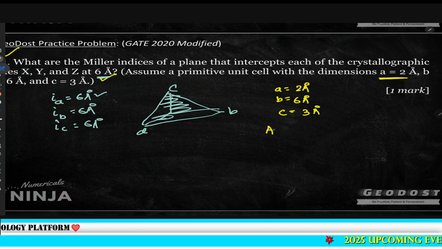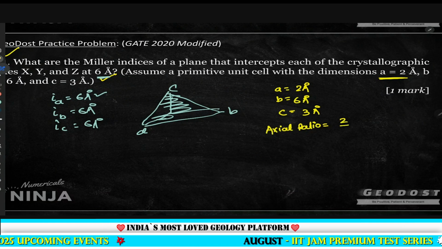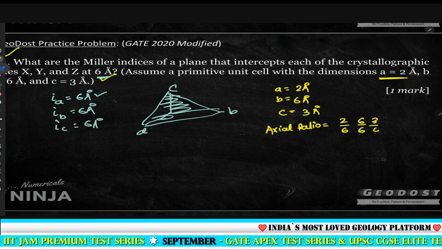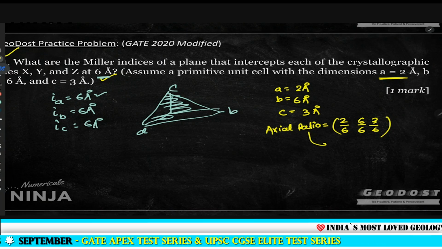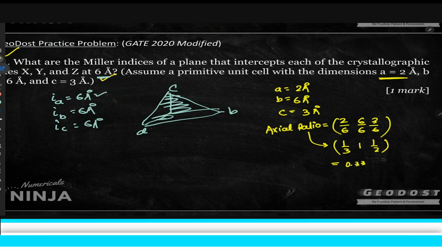When we find the axial ratio, we divide everything by b. So 2/6, 6/6, 3/6. So the axial ratio is 1/3, 1, 1/2. If we simplify further, 1/3 will be 0.33, 1, and 1/2 will be 0.5.